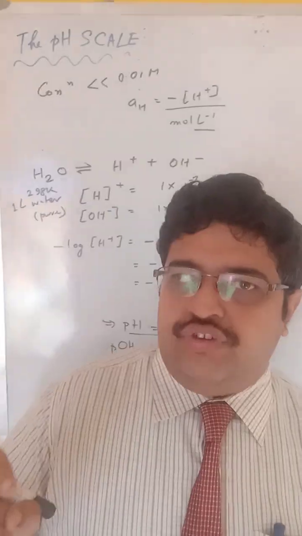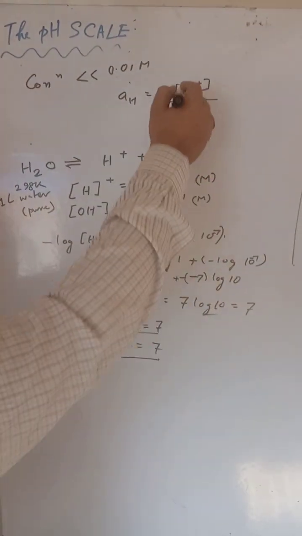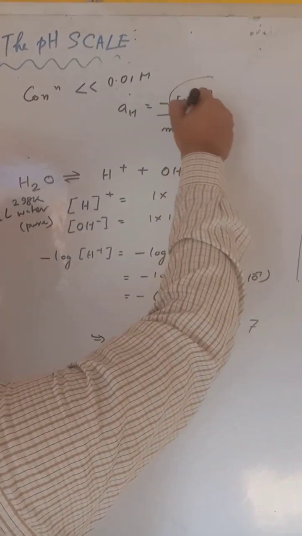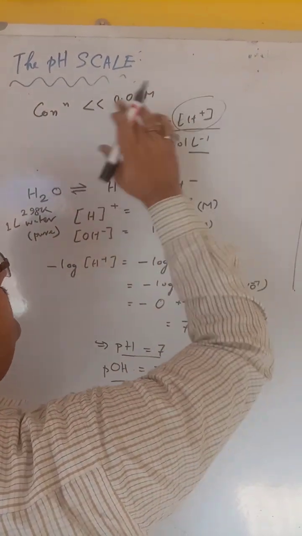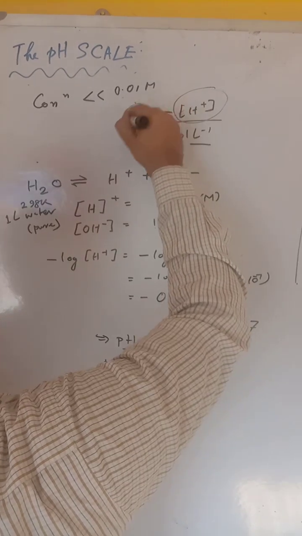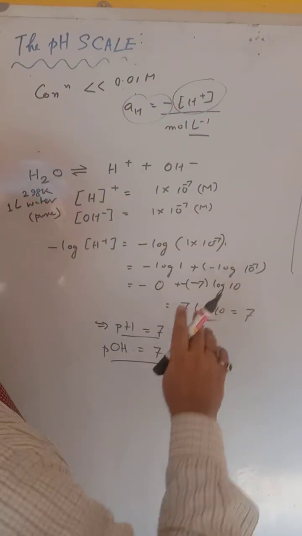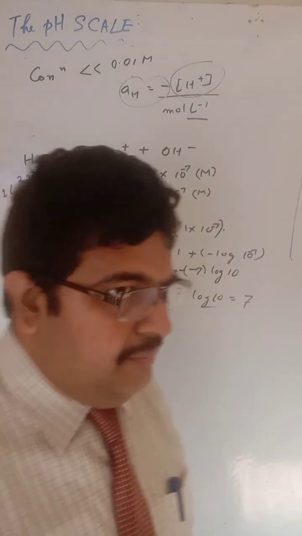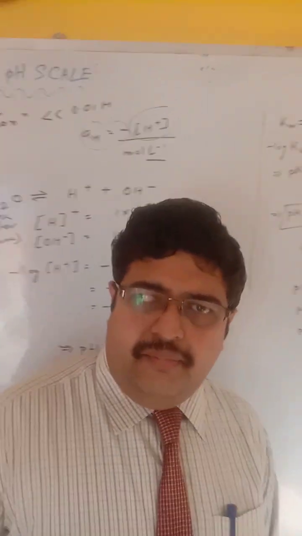And since the solution is very, very dilute, we can replace this by this. Generally, we don't even need to care for this. So this is what we have discussed today regarding pH, and I hope it is very clear. Now numericals may come.